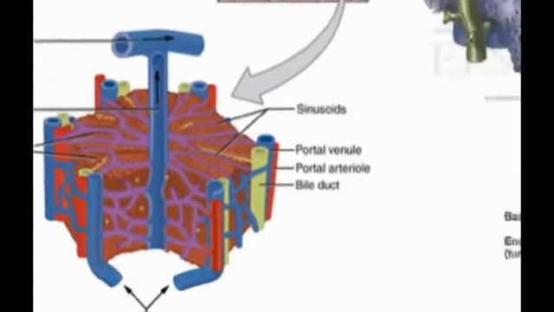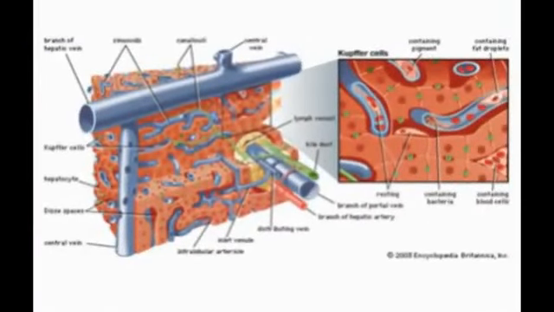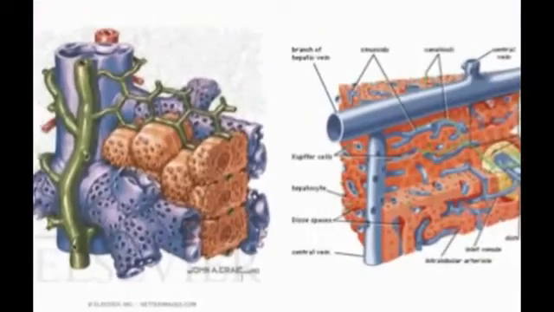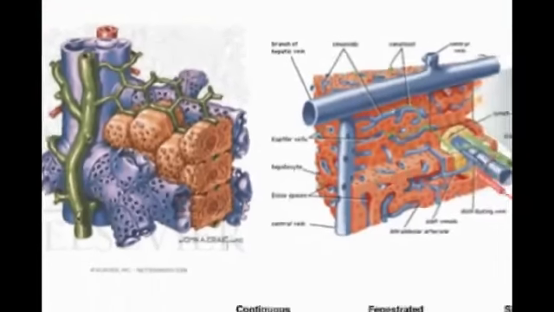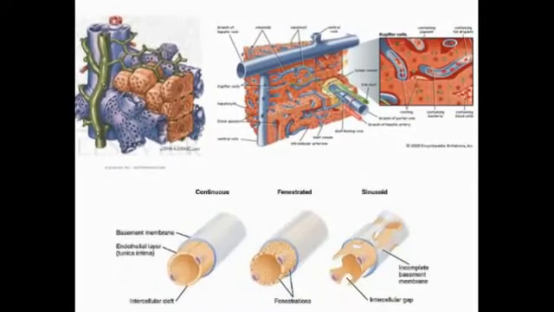On the right side, you see how all the vessels inside that structure are fenestrated. The vein part, artery part, and bile duct all have different kinds of fenestration. The bile duct starts from each liver cell, what we call the hepatic cell, with canaliculi. They also have different kinds of fenestration.